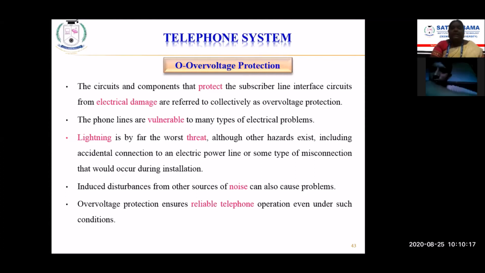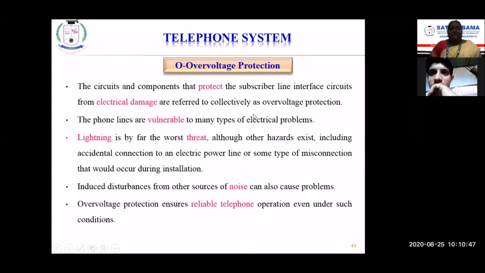These over voltage protection circuits help protect against lightning. Apart from that, some noises are introduced whenever data is being transmitted, which are also nullified by these protection techniques. Because of this function, it ensures reliable telephone operation even under such threats.